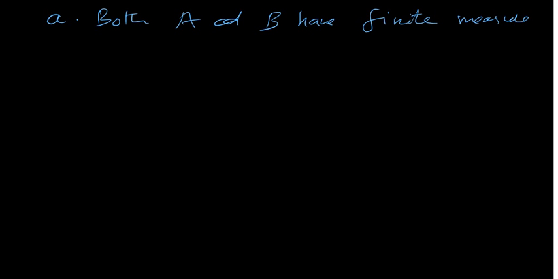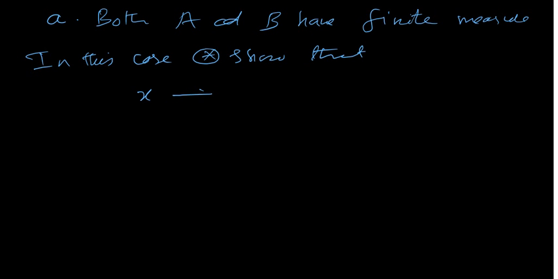So in this case, our star shows that the function which maps x onto nu star of Ex, which in that case means nu of Ex, is an integrable function.